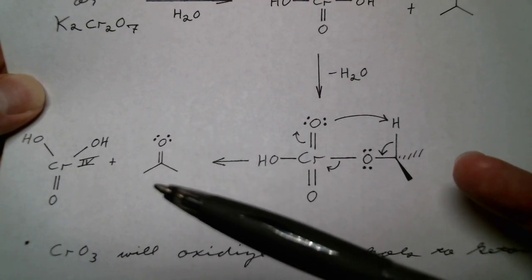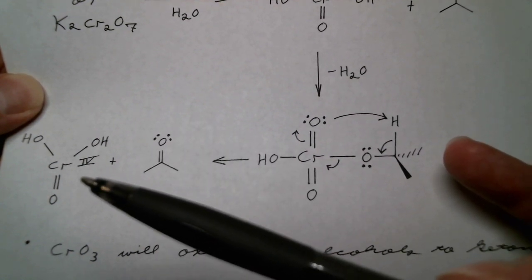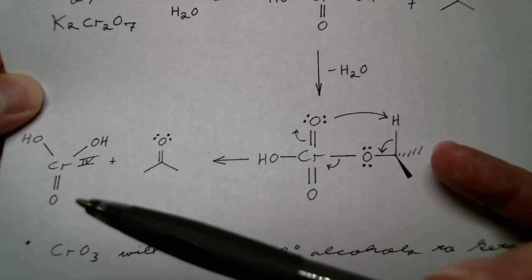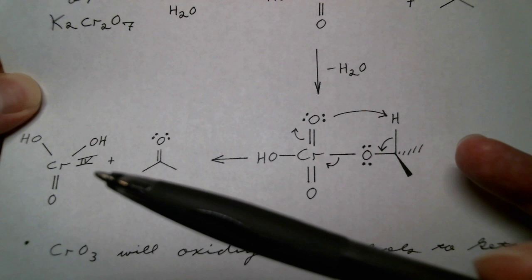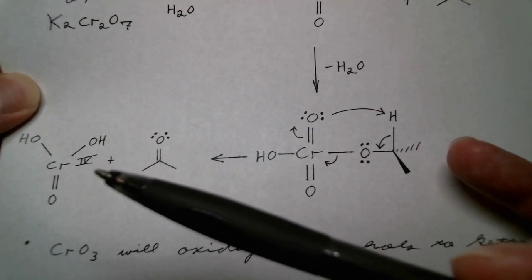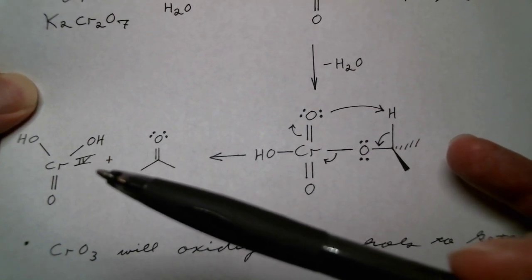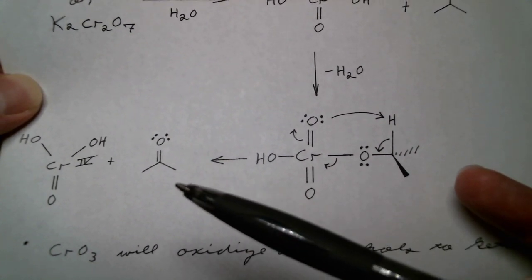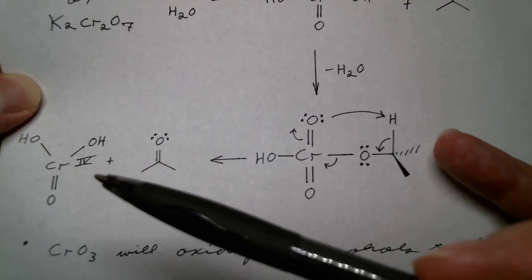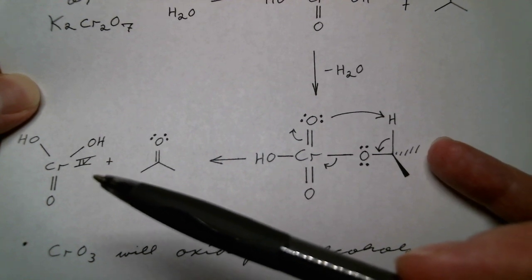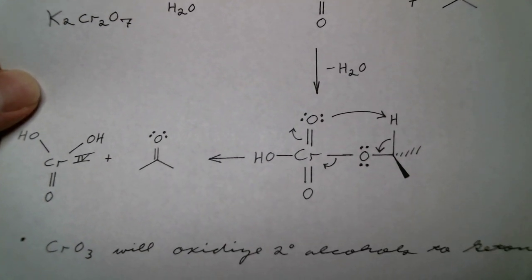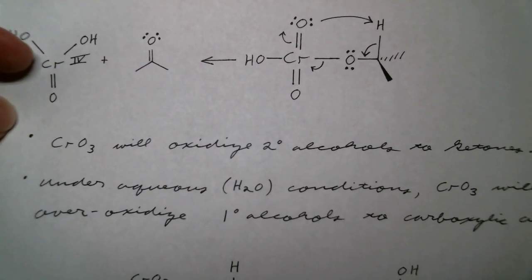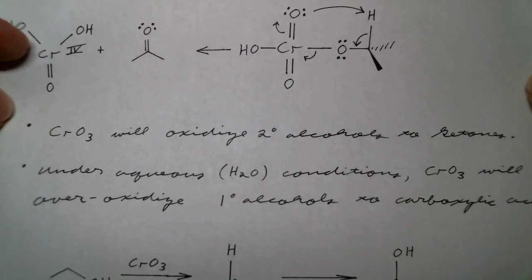We're at acetone, and if we follow the arrows correctly, now we have a chromium with just a double bond to oxygen and 2 other bonds to OHs, so it's chromium in the +4 oxidation state. Our isopropanol got oxidized, and our chromium gained 2 electrons and was reduced. So chromium trioxide will oxidize secondary alcohols to ketones.